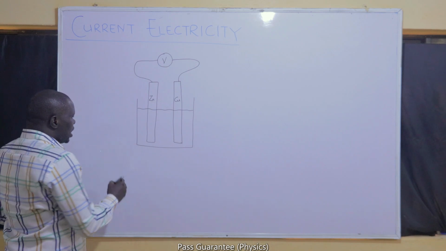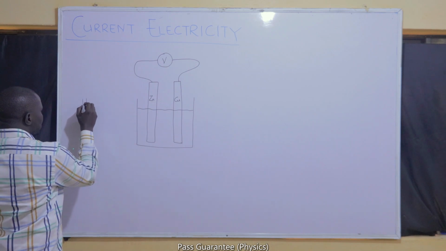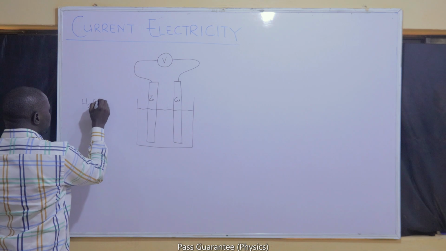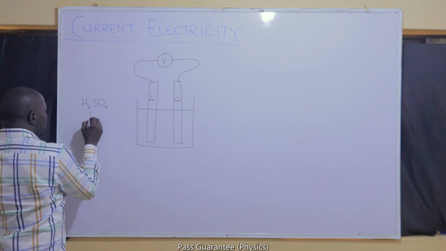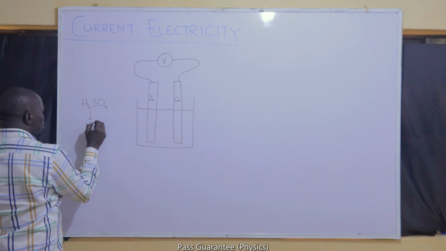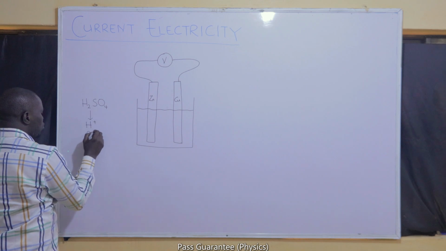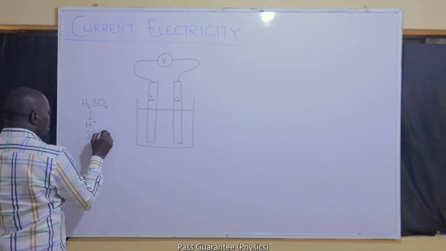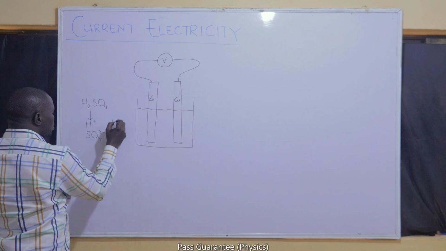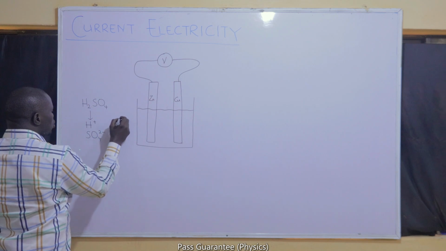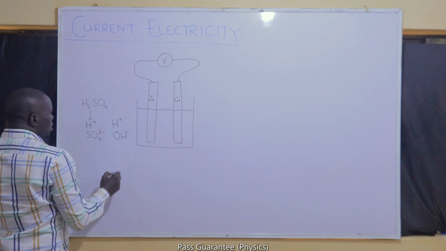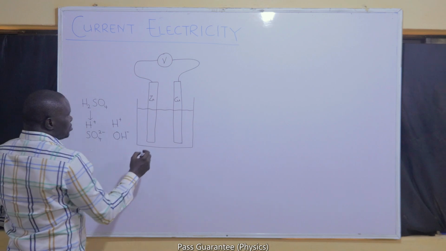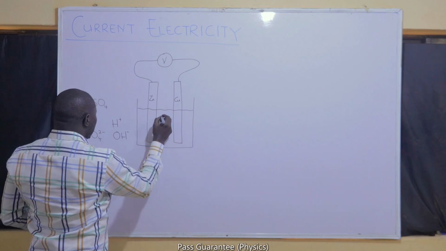If we have a solution of a dilute acid like H2SO4, it will ionize into H plus and SO4 2 minus. Because it is dilute, it will contain a large quantity of water, which will also ionize into H plus and OH minus.